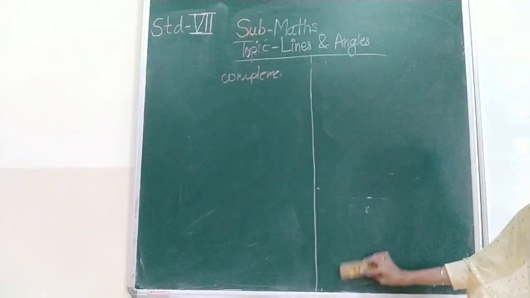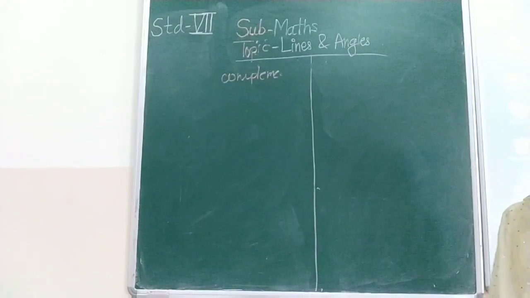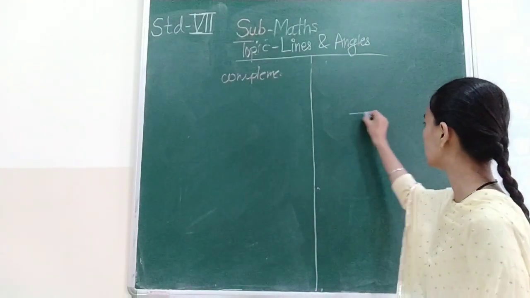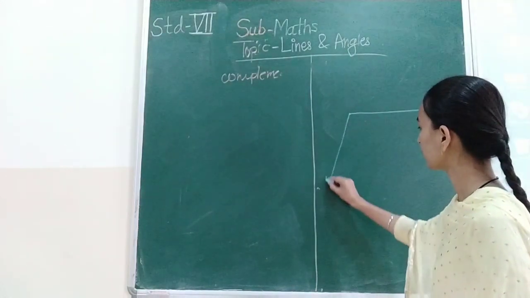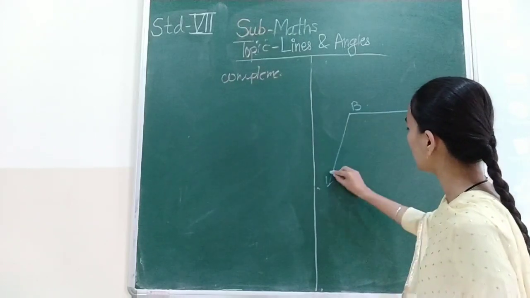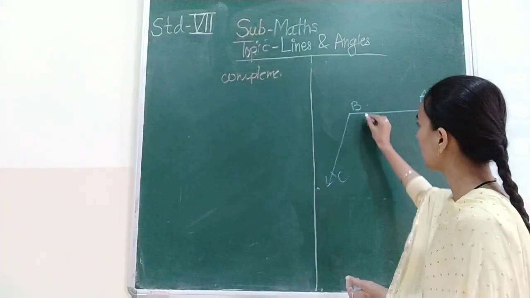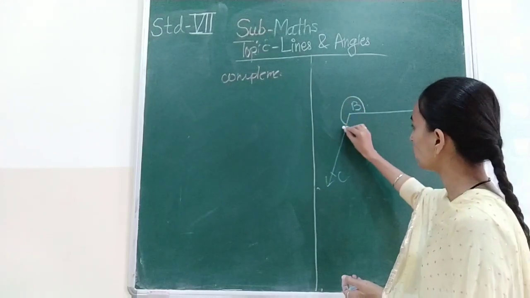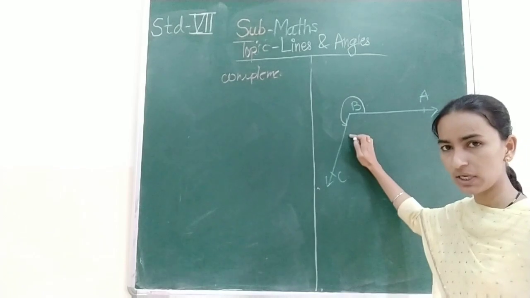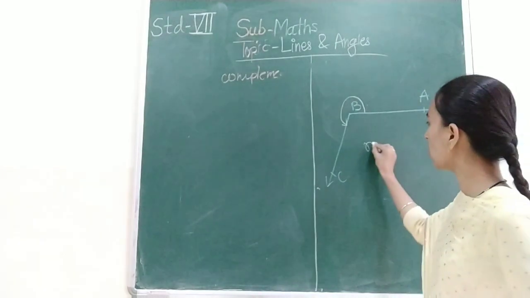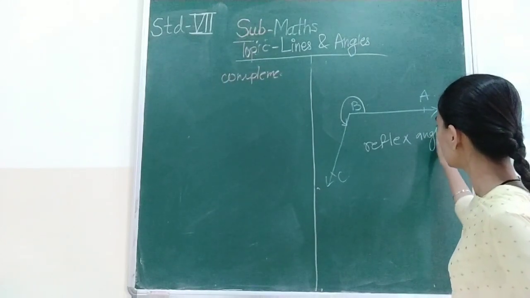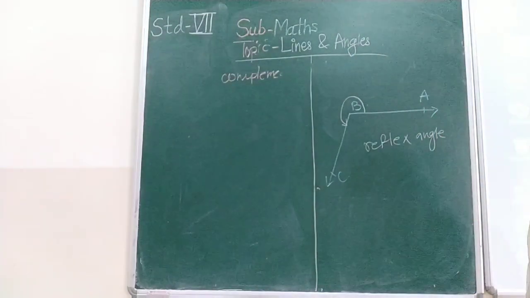Suppose I have drawn this figure. This is my A, B, and here is C. Can you imagine this angle? This angle is greater than 180. So this angle is called a reflex angle.